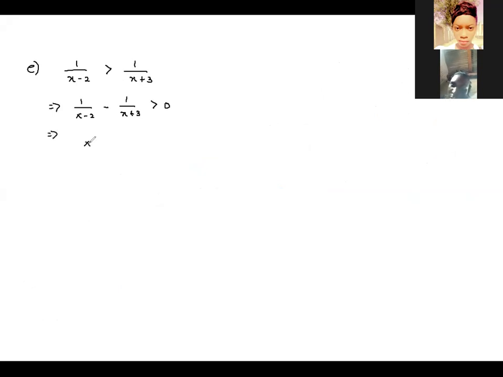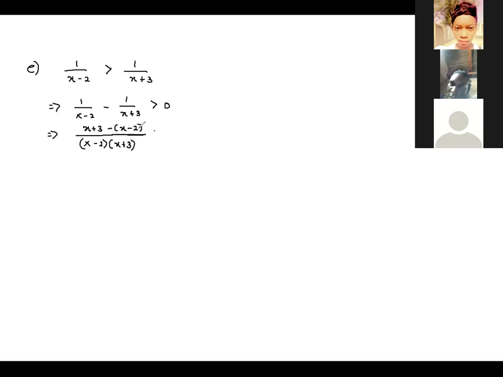Get the common denominator, and do the subtraction. So you have x plus 3 minus x minus 2 greater than 0, implying that we have x plus 3 minus x plus 2 over x minus 2 times x plus 3 greater than 0. This implies that on top we only have 5, and x minus 2 times x plus 3.